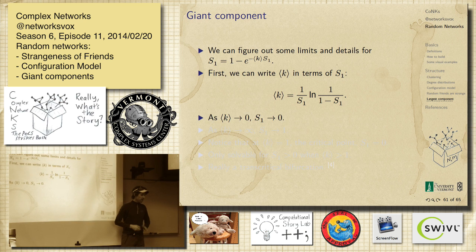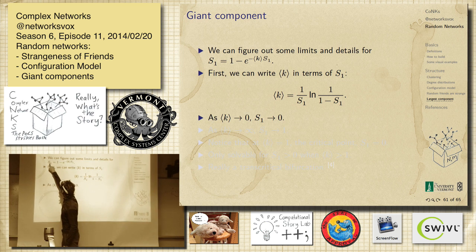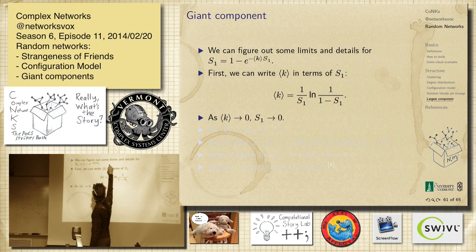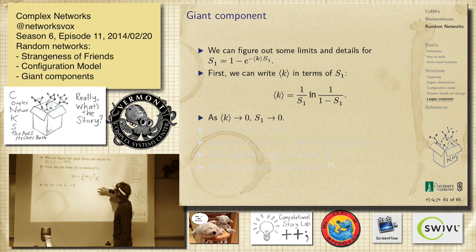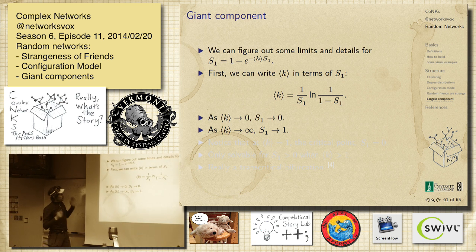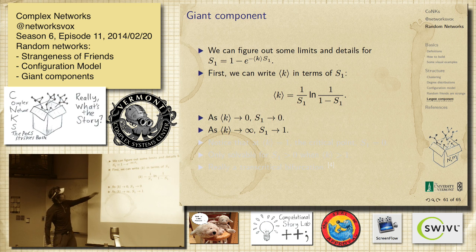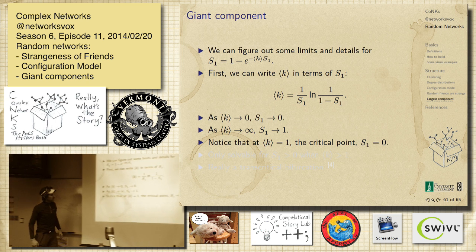So it does the right sort of thing. The average degree goes to 0, the size goes to 0. That seems right. As the average degree goes to infinity, this becomes 0, so the fractional size goes to 1.